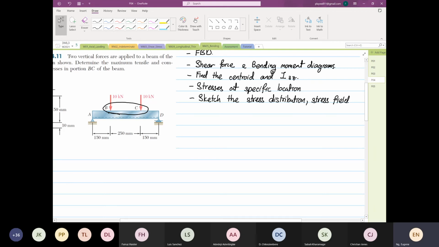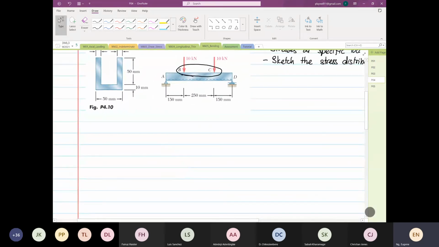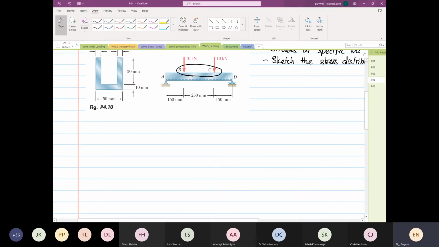Right. So we are going to draw our free body diagram. Here we're going to sketch our free body diagram. So we are going to define a transformation. I'm going to go slow.